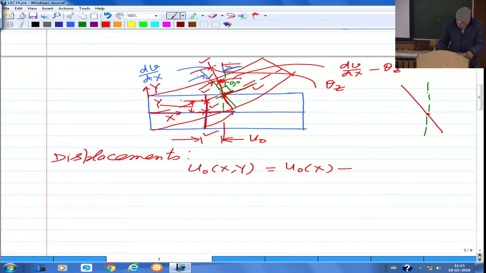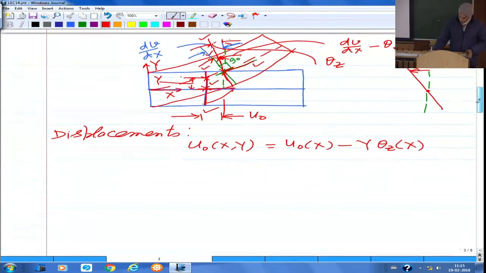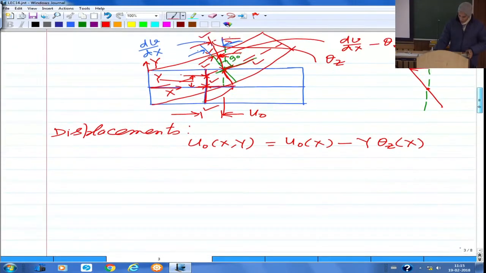If we consider a point at a distance y, this angle is theta z, so this distance is going to be y times theta z, but in the negative x direction, so you will have minus y into theta z. Theta z is a function of x only. That means we are assuming that the rotation is only a function of x, independent of y.